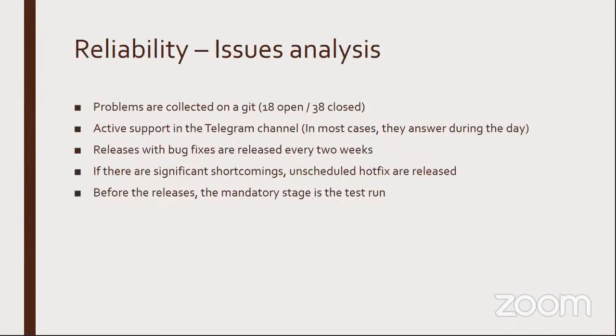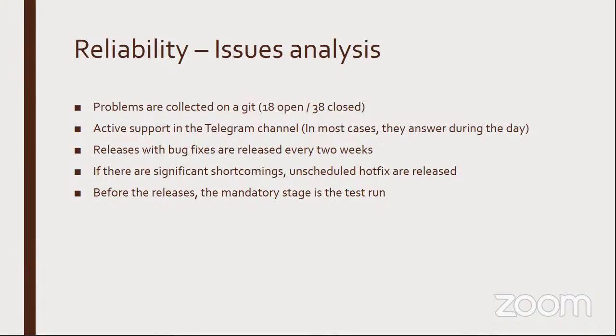Okay, we want to talk next about reliability. So what we found while looking at the source code database. The first problem is that there are many problems collected on Git. Almost half of them have been closed. Active support for the product is only on the Telegram channel, but released bug fixes are in the open repo every 2 weeks.